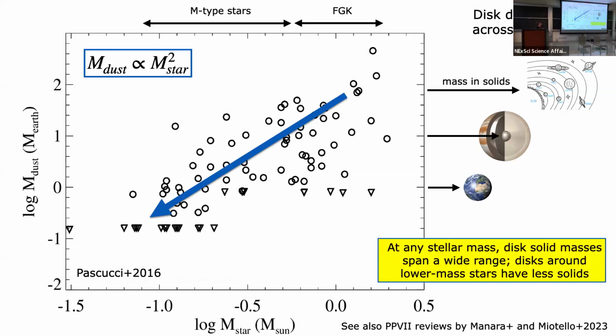In other words, there is at any stellar mass a large range in disk solid mass, but then by using the mass as a leverage to discover these trends, you see that more massive stars have disks that have more solids, and lower mass stars have much less.